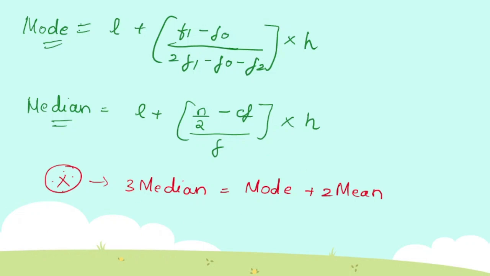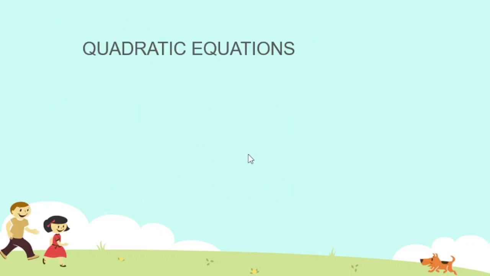Now let us move to quadratic equations. Under quadratic equations, the first important formula that we are going to learn is a plus b the whole square. A plus b the whole square is equal to a square plus 2ab plus b square.